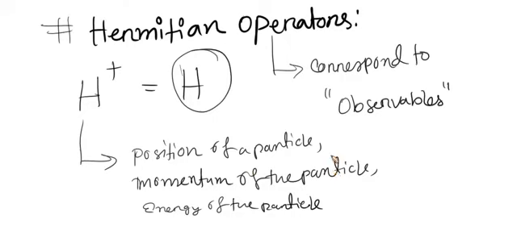For example, if you consider the position and momentum of a particle, you have to go to this infinite dimensional space. For energy, you can also do that, but when you are dealing with a spin half electron, you can see that the energy operator, that is the operator that will give you the energy values and the states of the energy, will come in a matrix form. So let's try to look at that.